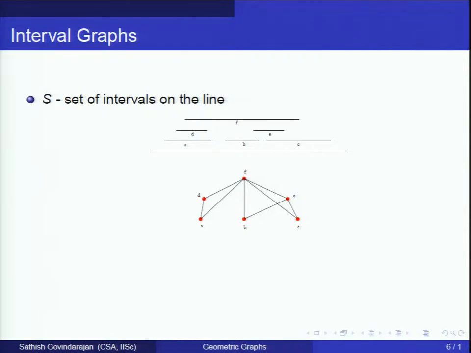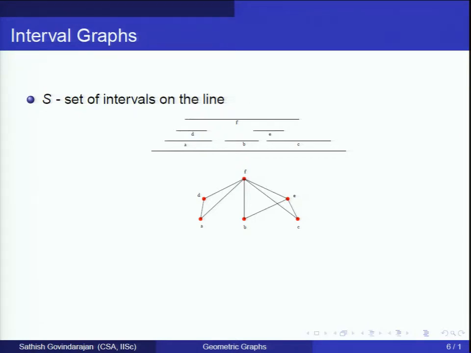So for example, if you see here, I have drawn the intervals one above the other, but they actually are lying on the real line. Just for ease of illustration, I have drawn the intervals one above the other. So if you see here, we have 7 intervals or 6 intervals, and below is the interval graph of those intervals.